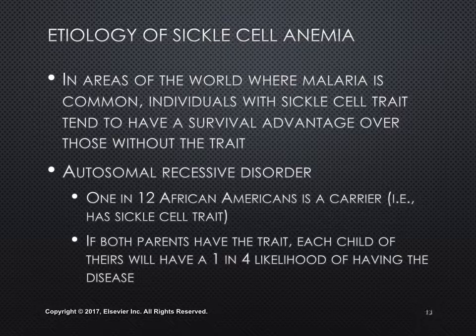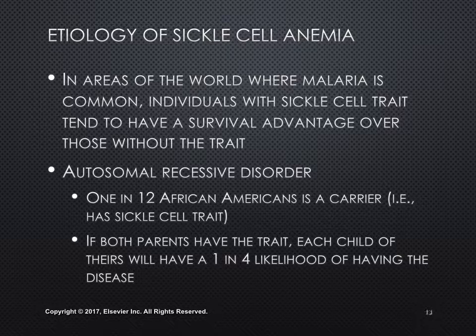So the sickling of the cell helps them not to get the hemolytic response from the malaria, which is why they tend to do a little bit better with it. It is an autosomal recessive disorder.